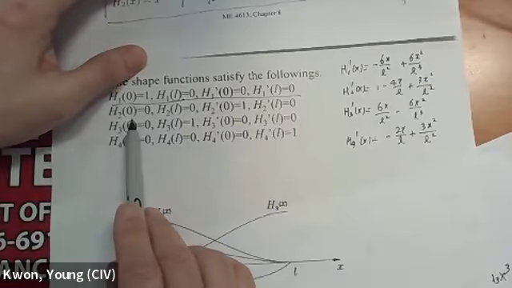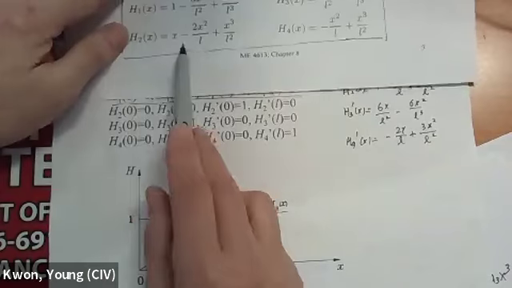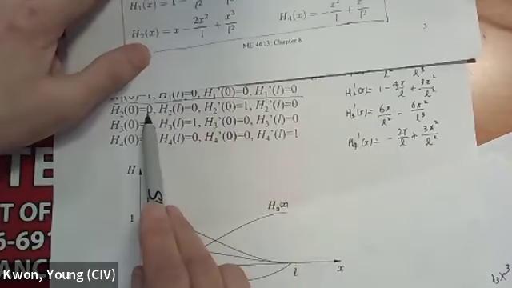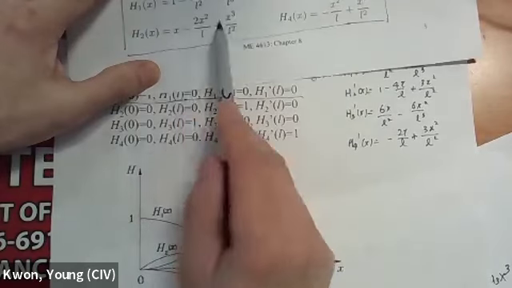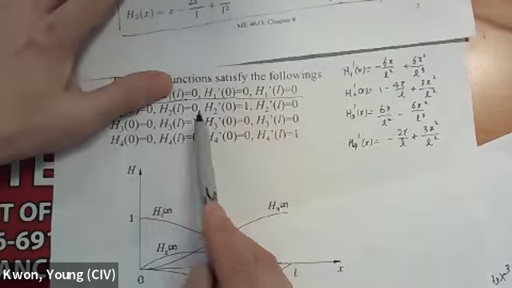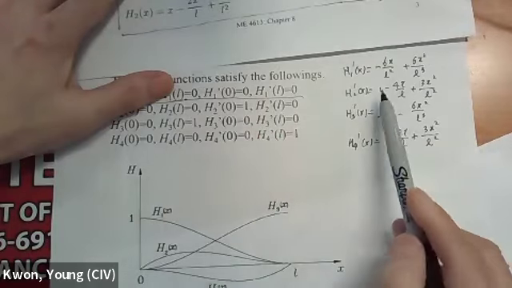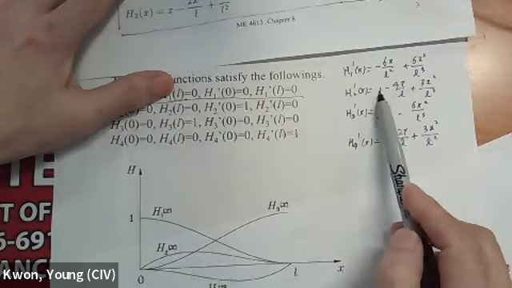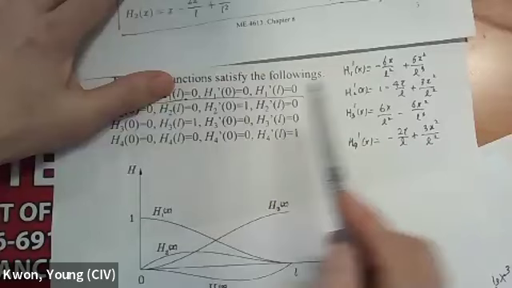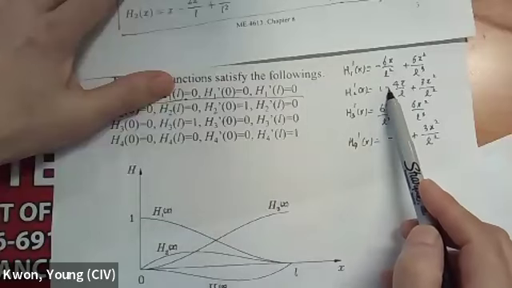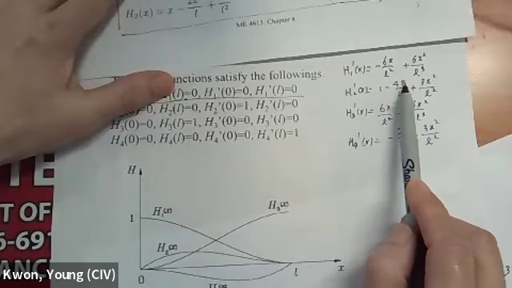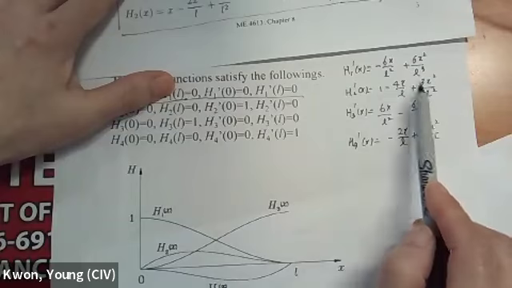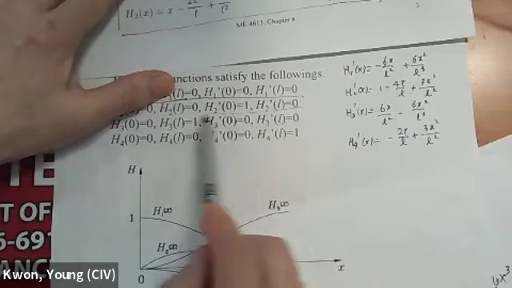And for H2, x equals 0 gives 0, x equals L gives 0. Now for the derivative, x equals 0 gives 1, and x equals L gives 1 minus 4, plus 3, which equals 0. So you got that.